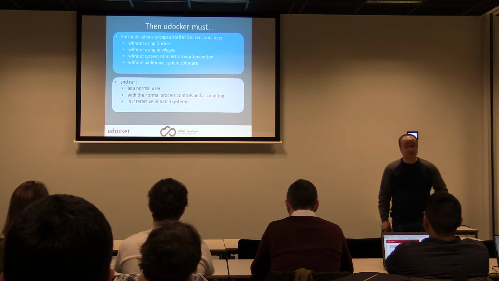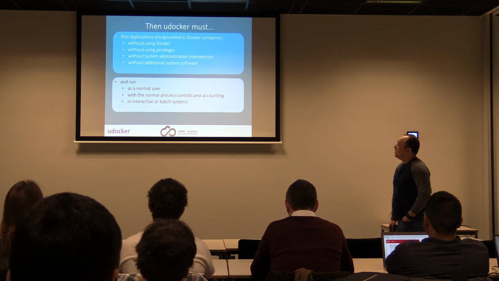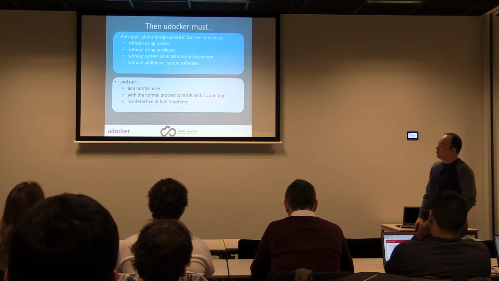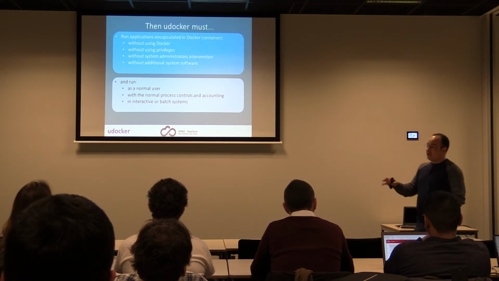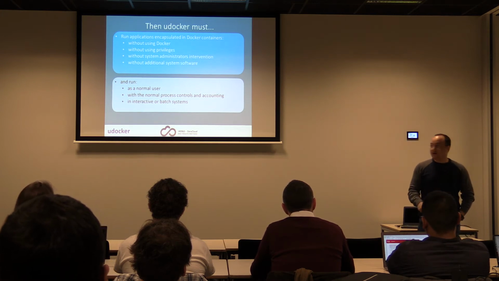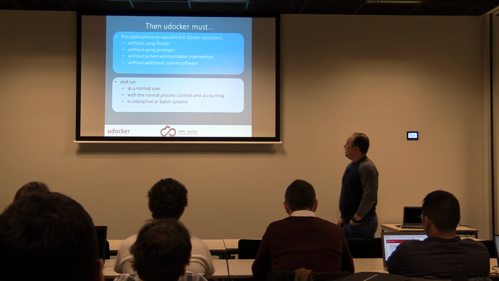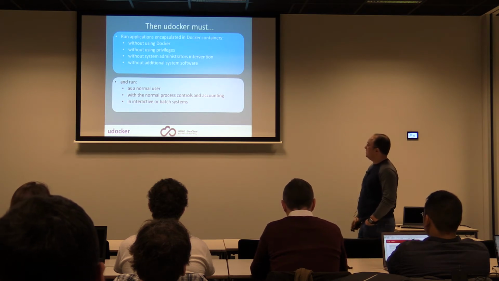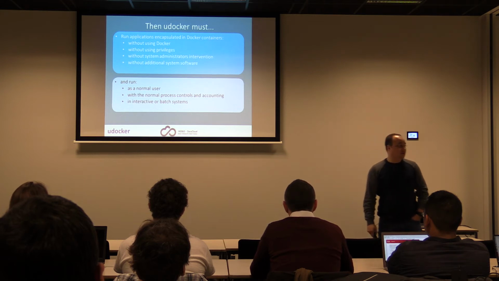So for that, uDocker must run applications encapsulated in Docker containers. So we will pick a Docker container already done, and we will try to run it. No Docker, no root privileges, without system administrator intervention.